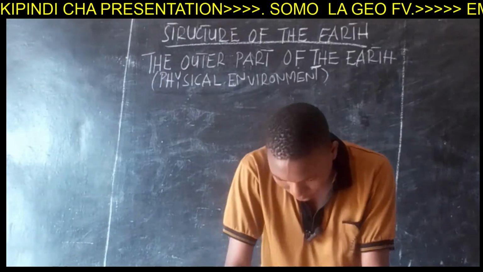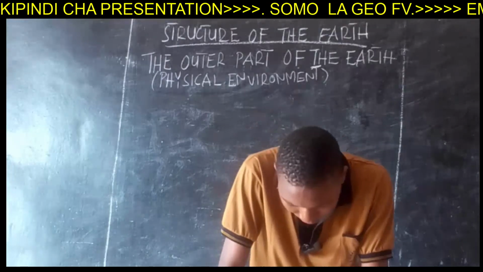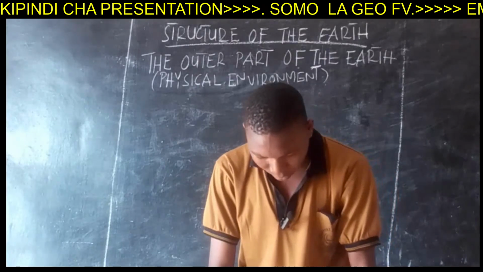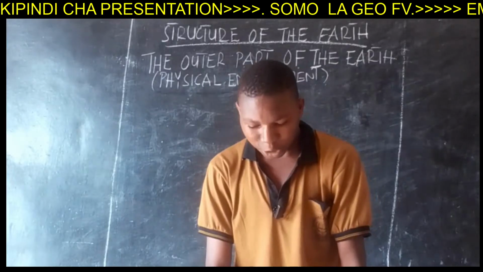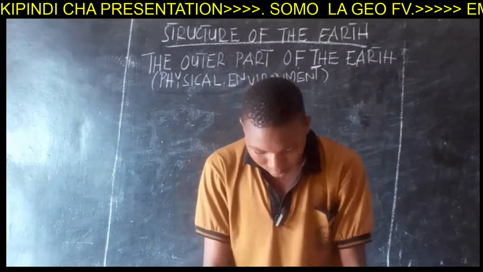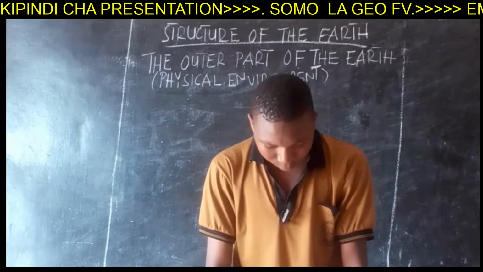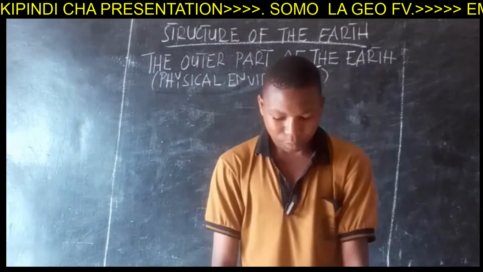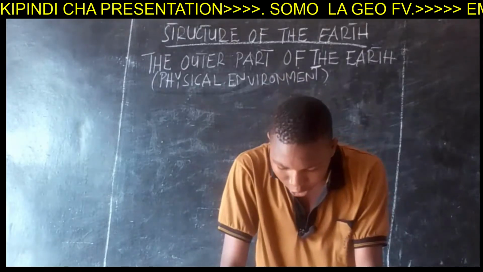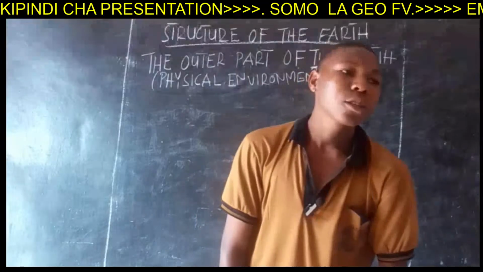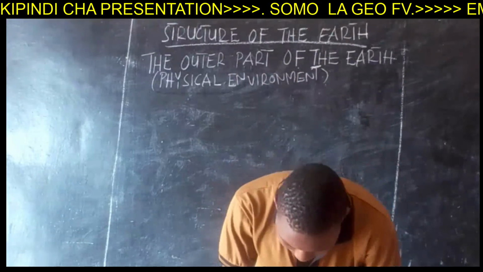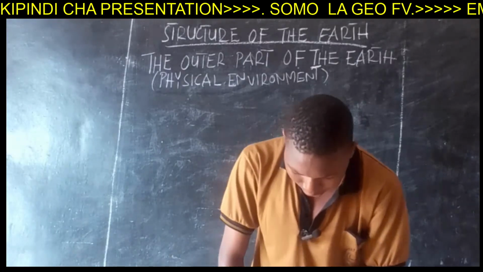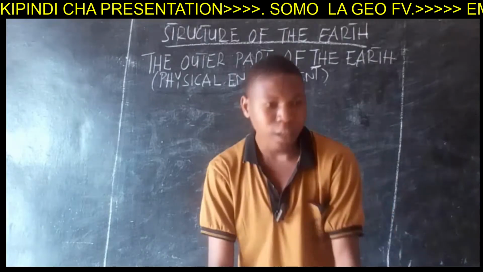The layer is highly concentrated with ozone, set at an altitude of about 15 kilometers upward to about 55 kilometers. This layer serves as a shield protecting the Earth's surface from most violent rays and radiation from the sun.